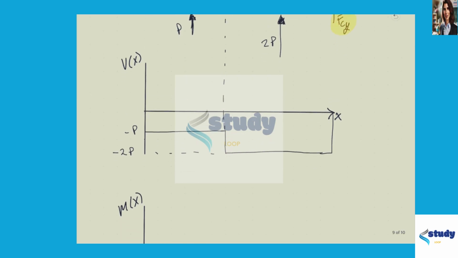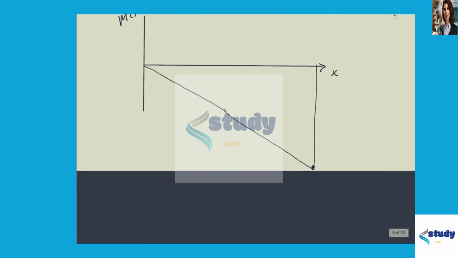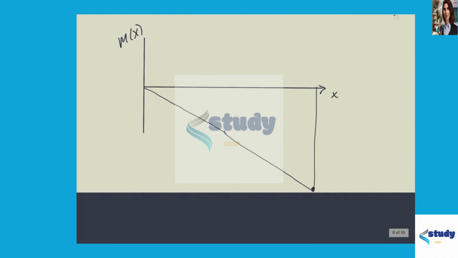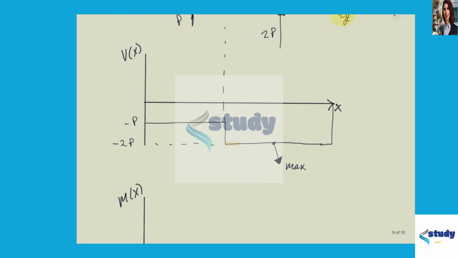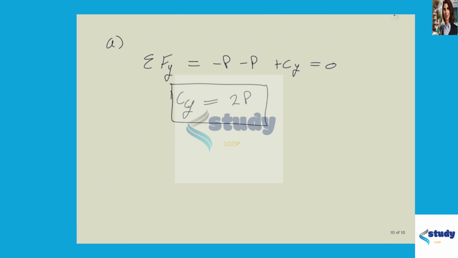Now we need to find the maximum for both of these. Our maximum shear is going to happen here because we're looking for the absolute maximum. And the maximum for our moment is going to happen down here on the bottom. So luckily enough for us, we know what our Vmax is going to be based off of our diagram.